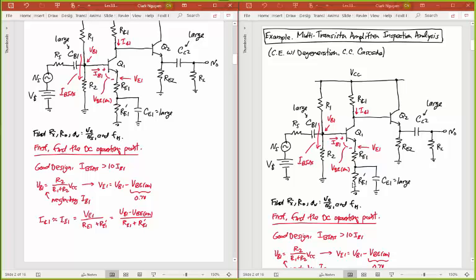And once I have my collector current, I can now get my collector voltage. Right, and so this voltage right here is going to be VC1.